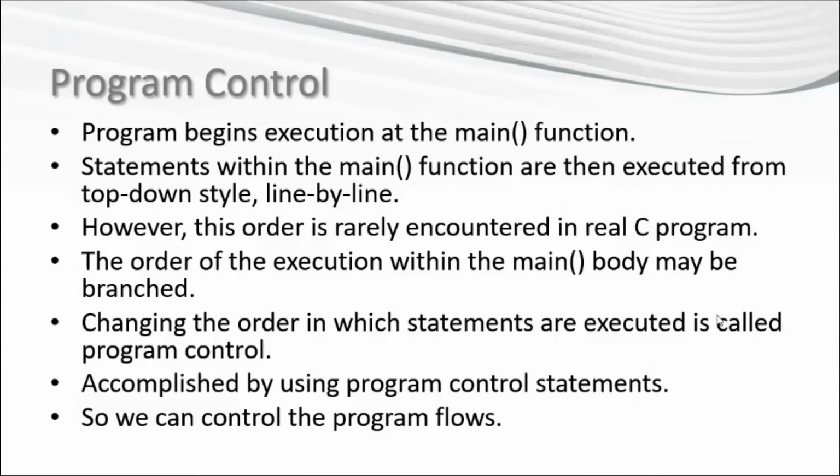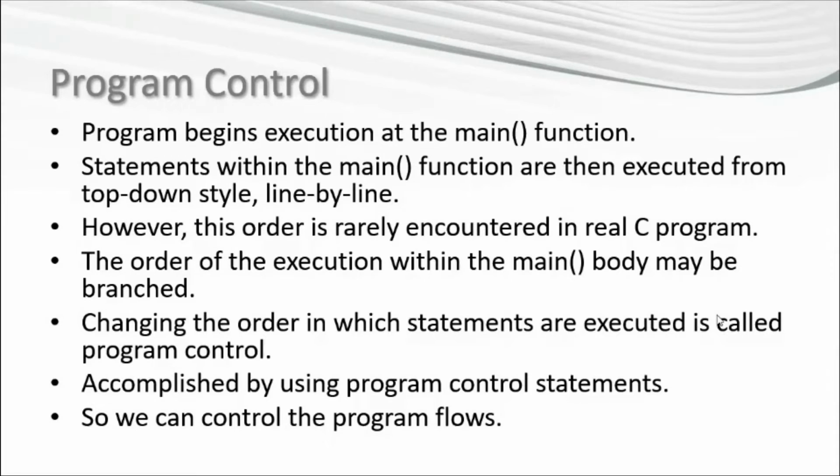But in a real C program, this order is not always advisable, and we may not be able to follow this particular order in all C programs. In most C programs, we have to follow some other procedures also. That is, sequential execution may not be possible in all cases.